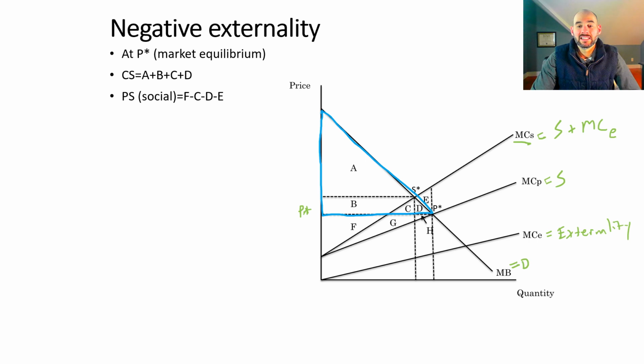However, we aren't looking at the producer surplus for a firm, we're looking at the producer surplus for society. And so we're going to look at the difference between price, P star, and the marginal social cost curve.